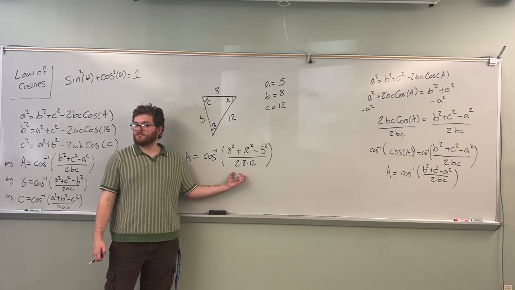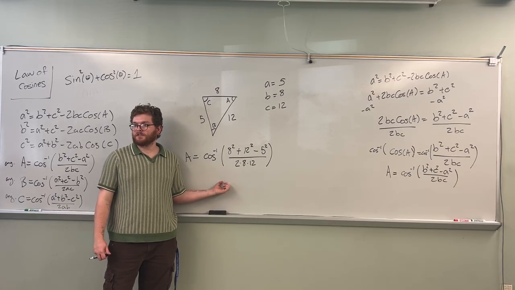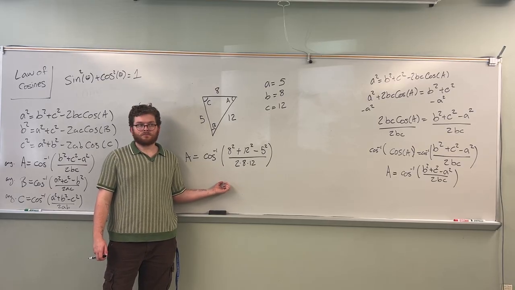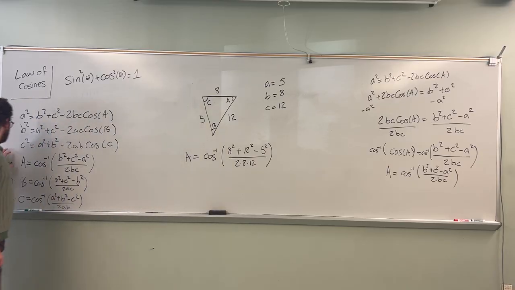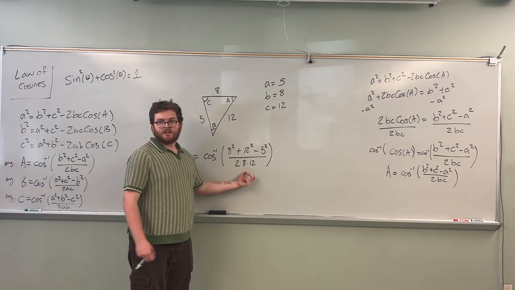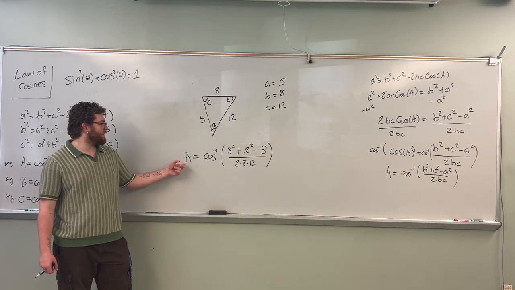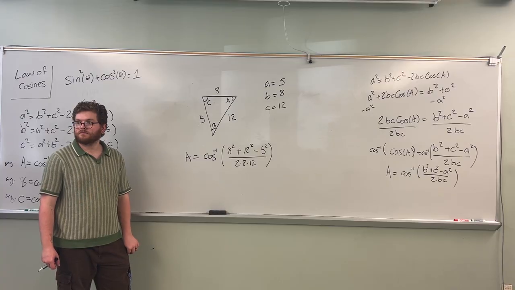Any questions about where I got this information? Okay, I solved for the angle, and that gives me a way to relate the angle to the side lengths. So now I'm just plugging side lengths in here to solve for this angle.